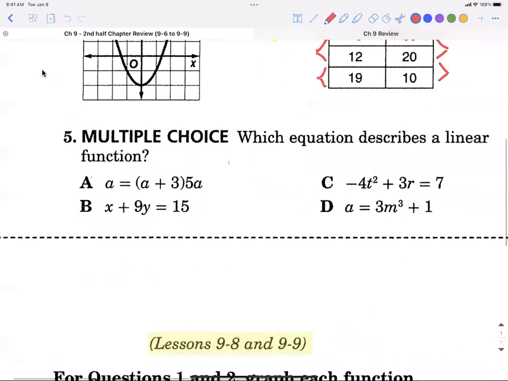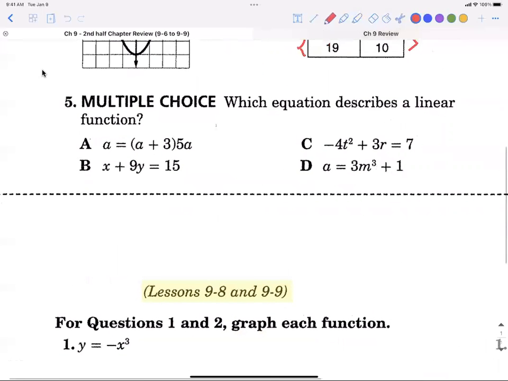Number 5 tripped a few people up the other day when we were walking the room. It wants you to decide which one of these is linear. Right off the bat, we can knock out some that are not linear. So it brought it down to A and B. Well, A has some parentheses. Deal with the parentheses first by distributing 5A times A and then times 3.